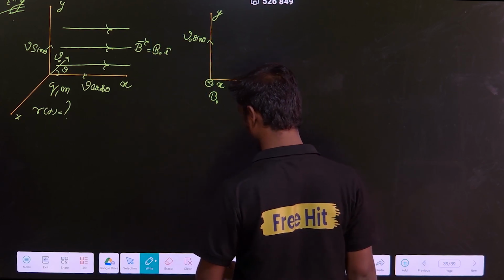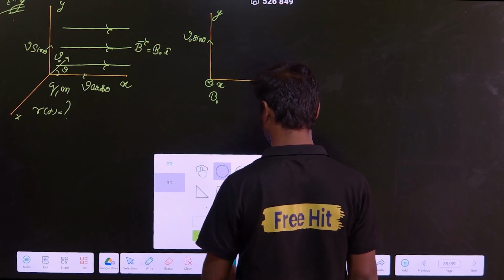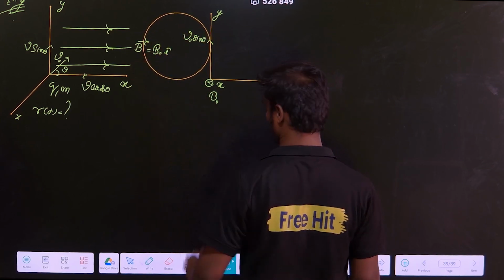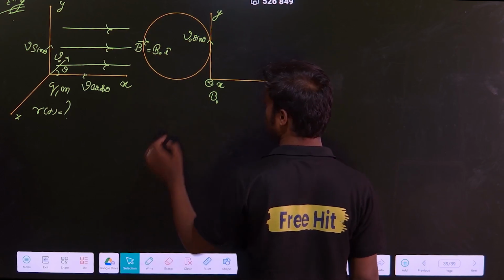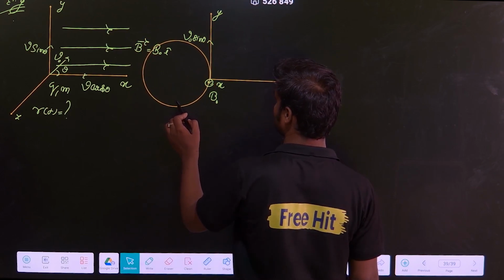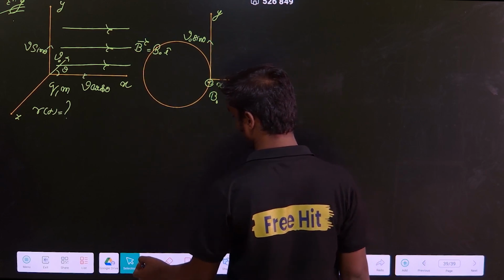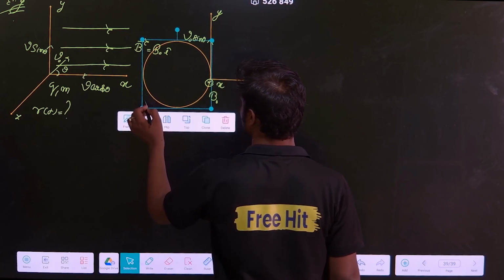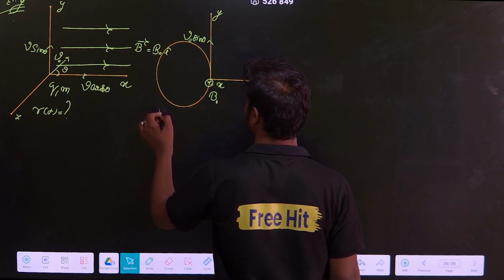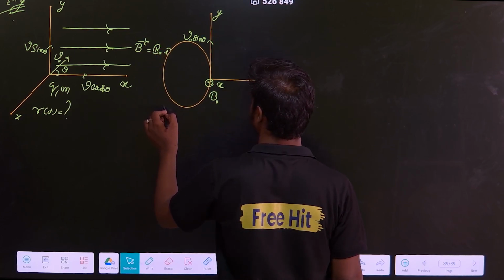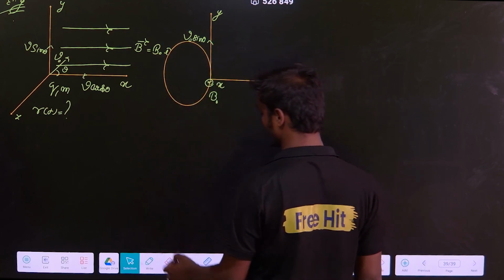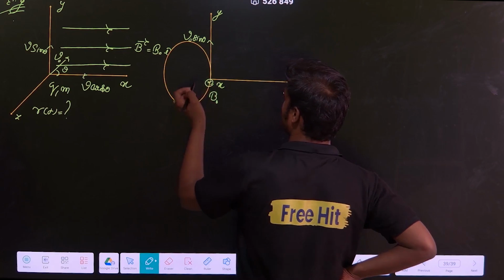Let me draw it properly so that you will understand better. It is going to do the circular motion like this. It is circular motion only, but it does not look like it.